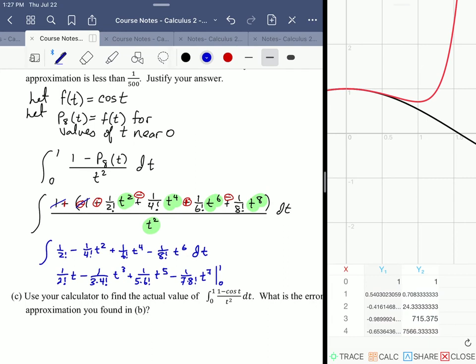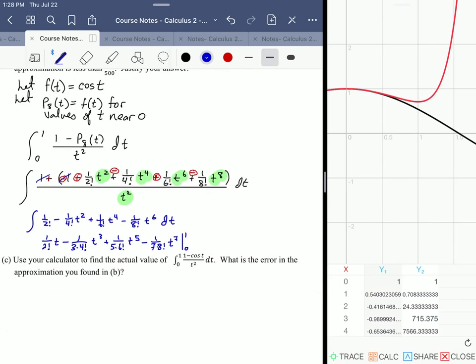Plugging in a 1 really just zaps away all the t's. Plugging in a 0 zaps away all the terms.